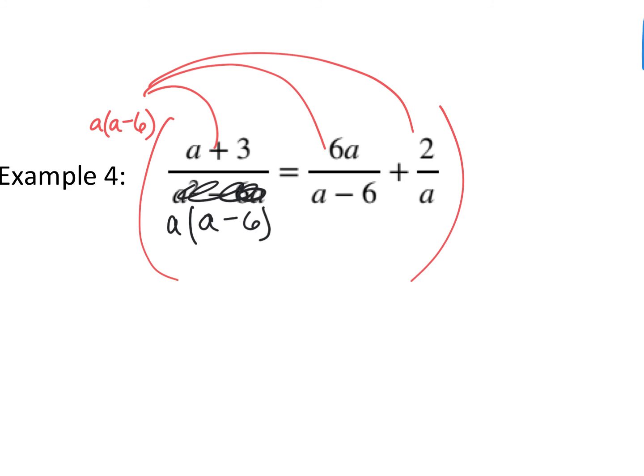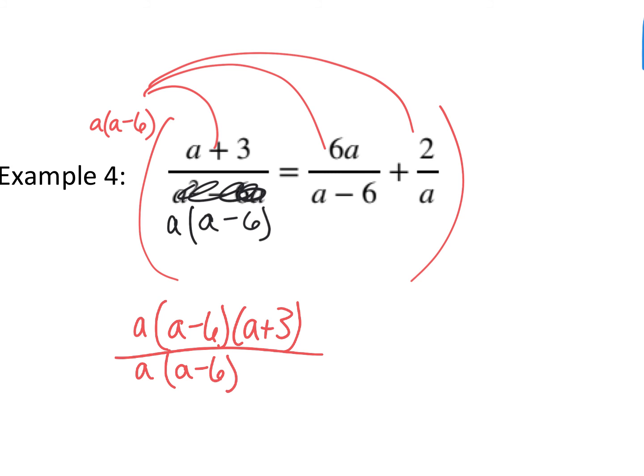The monomial term is a, and the binomials are a minus 6. And what's on the bottom? A times a minus 6.